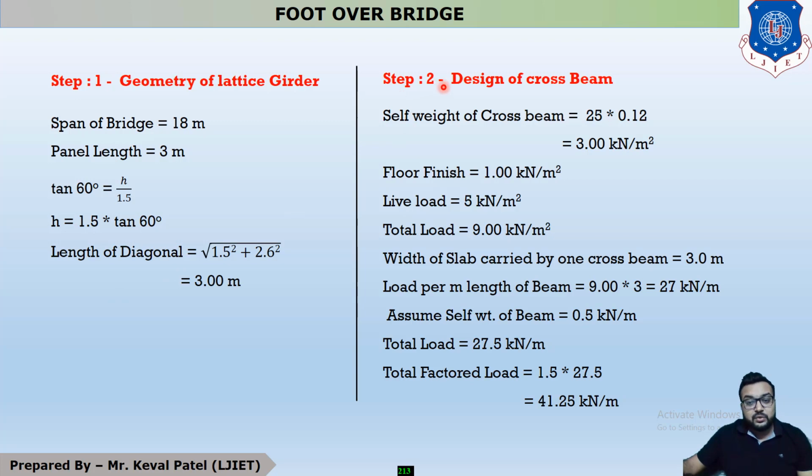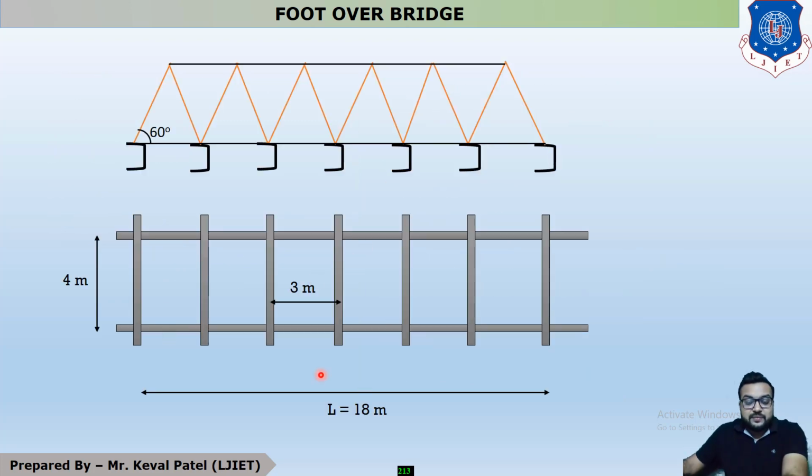Your step number 2 is design of cross beam. So you can see that in this figure, this is your cross beam. And it was already discussed in the last example that your end cross beam takes half of the load and your intermediate cross beam takes the full load, because half of the load is coming from the left side and half of the load is coming from the right side.